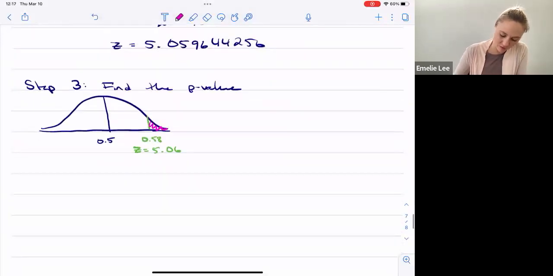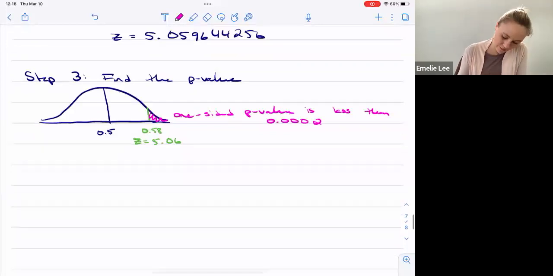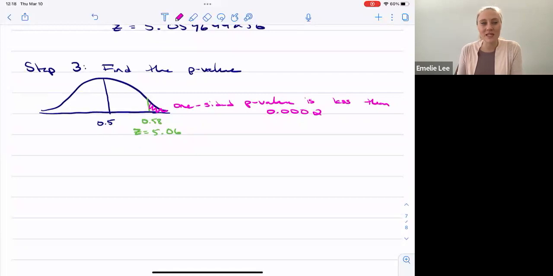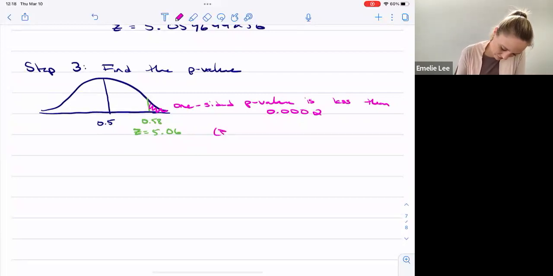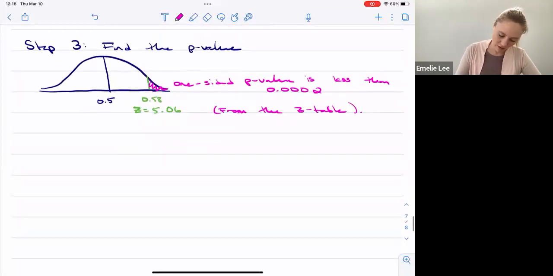So then this area, this one-sided p-value is less than 0.002, and that's from the Z table. You could say it's approximately 0, but it's nice to have a value that we can use there. Usually you would find a value, but if it's off the table, then you don't have one.